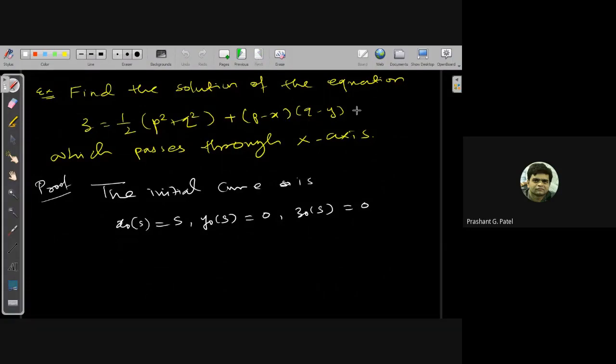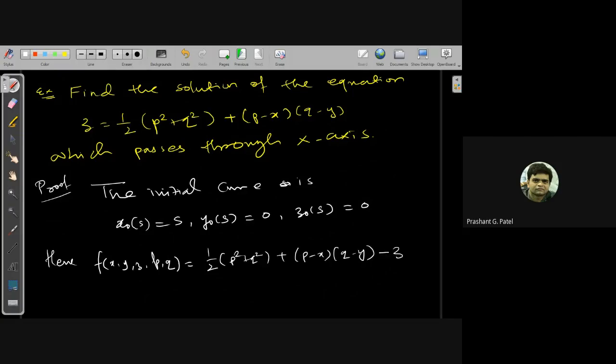So here this is my function F(x, y, z, p, q) = 1/2(p^2 + q^2) + p - xq - y - z = 0.